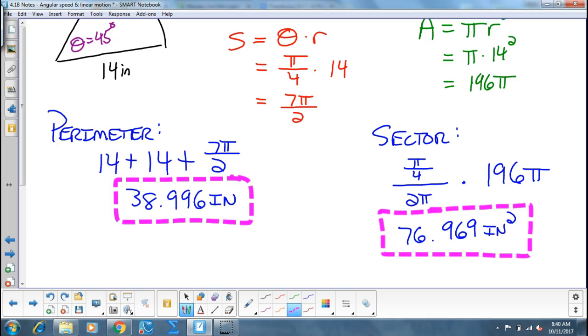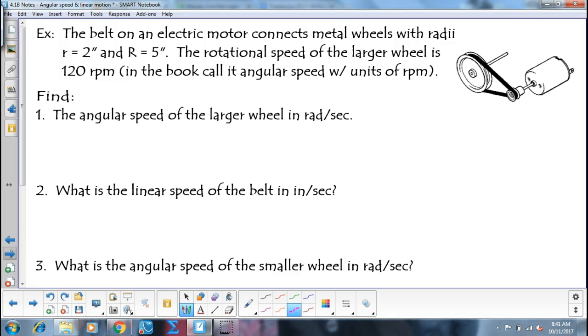Now, what I'd like to get into these last 15 minutes is when you've got a belt driving something. So you've got a motor hooked up to a pulley, and that's spinning, and there's a belt or a chain or a rope or something that's driving something else. Very common problem, on this one, a bike.